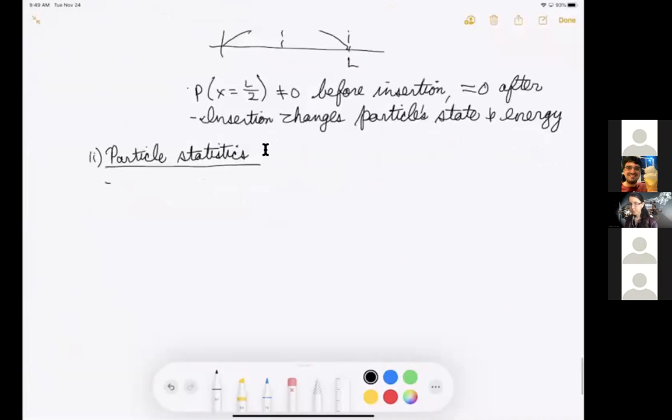Okay, this story comes from a paper from 2011, published in Physical Review Letters. We should establish a few assumptions first.